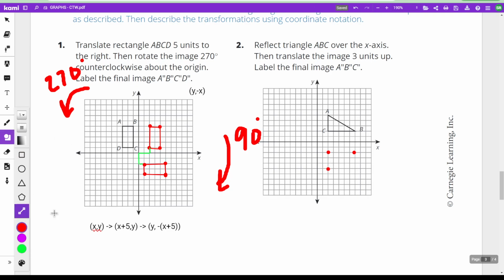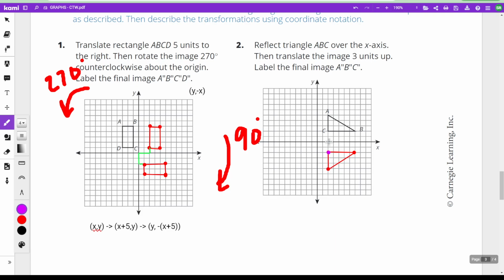Okay, so now let's go ahead and connect these points. And now after doing that reflection, we want to translate it 3 units up. So we're going to go ahead and translate this 3 units up. So this point is going to go 1, 2, 3 units.